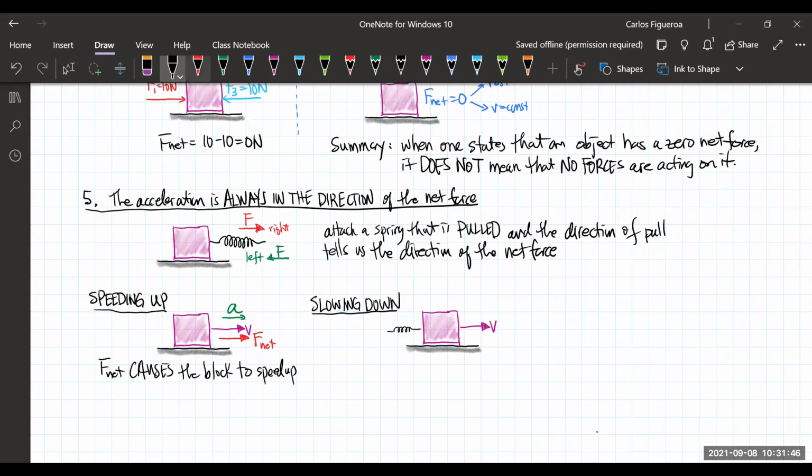And when we attach it in the back, if I'm pulling to the left as the car is going to the right, then the net force is in the opposite direction. What does that do? That makes the car or the block slow down. So in this case, F net causes the block to slow down.